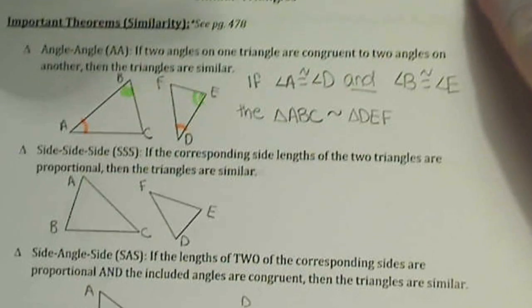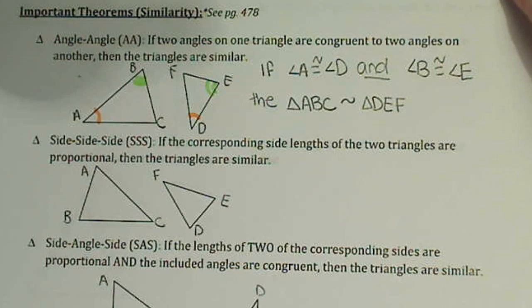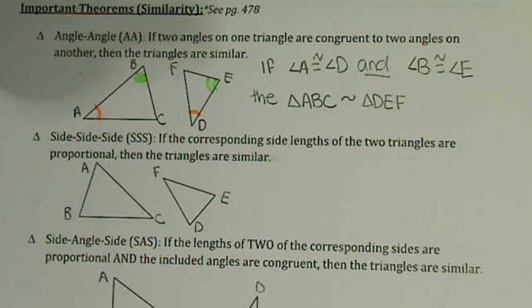The second theorem is side-side-side. Now this is not the same as side-side-side congruence. This is proving that these sides are proportional, not necessarily congruent. So what it's saying is if our sides are proportional, then the triangles are similar.